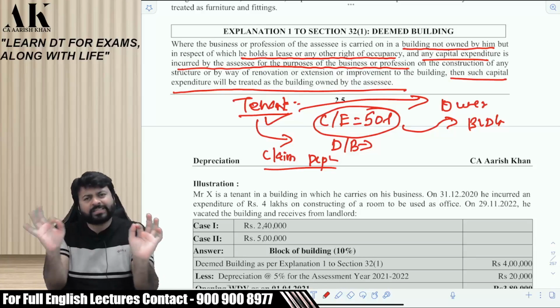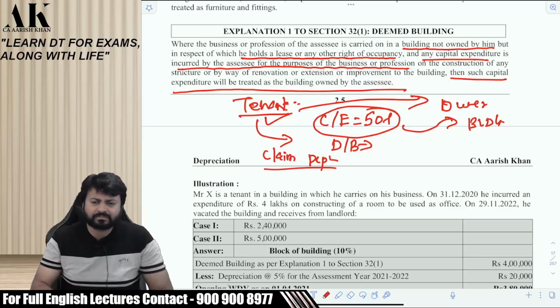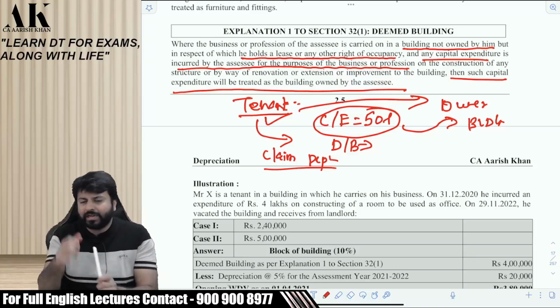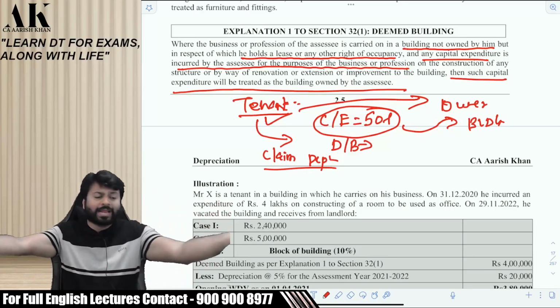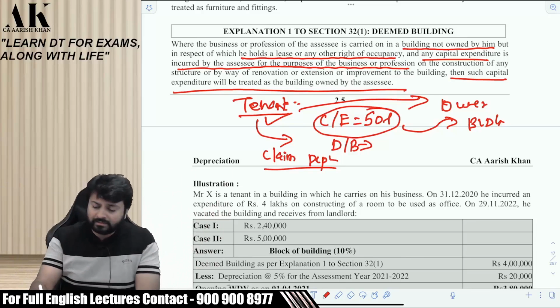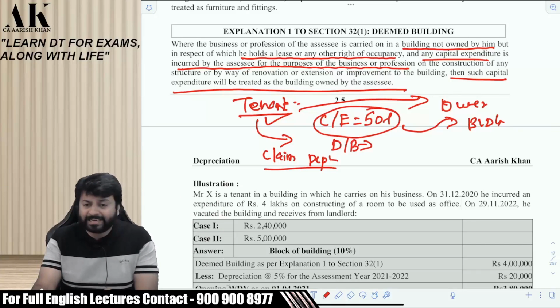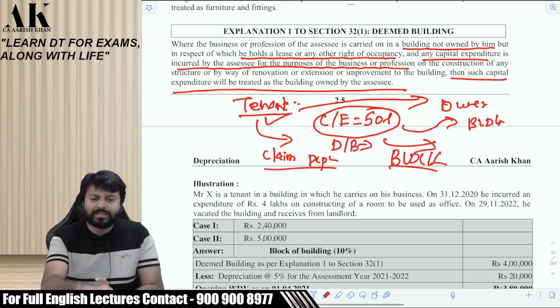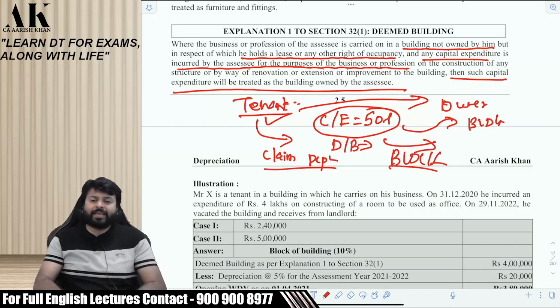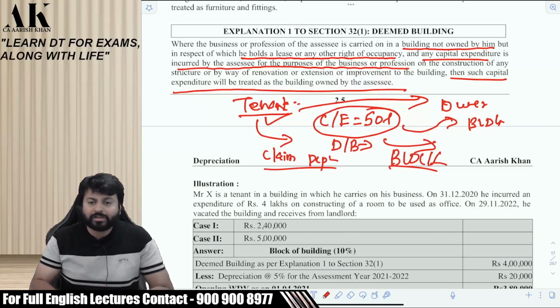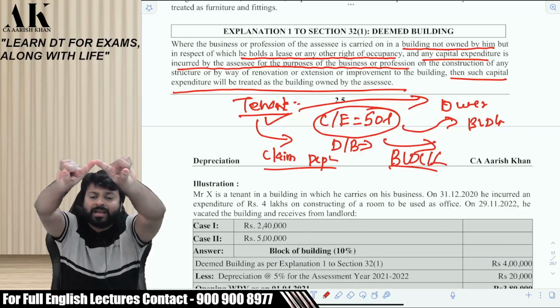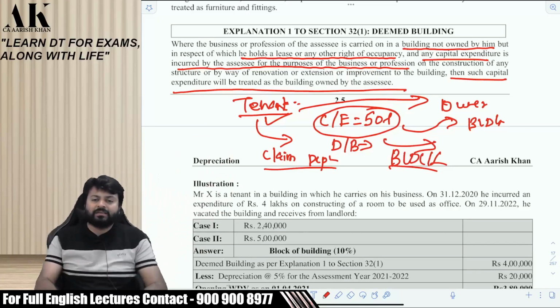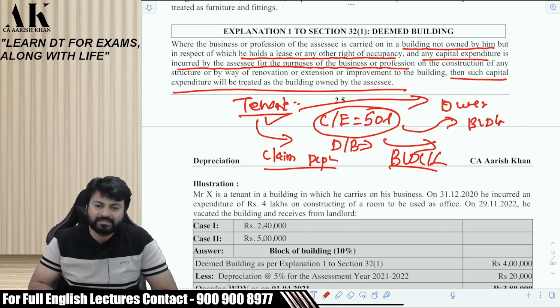So after 3-4 years, whenever the tenant leaves and the landlord pays the tenant, at that time the tenant is transferring the block of asset to the landlord. Are you able to understand? And the tenant will be liable for capital gains because he is transferring his deemed building to the landlord and in return the landlord is giving him money.